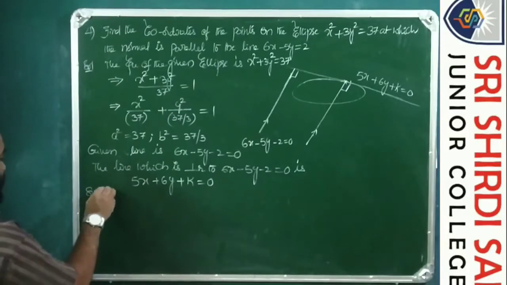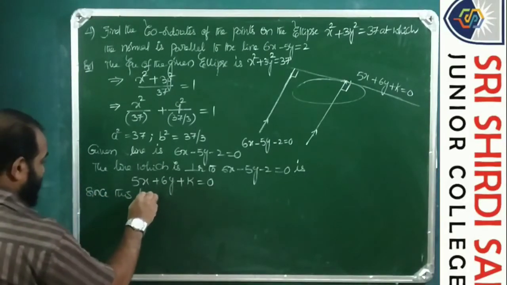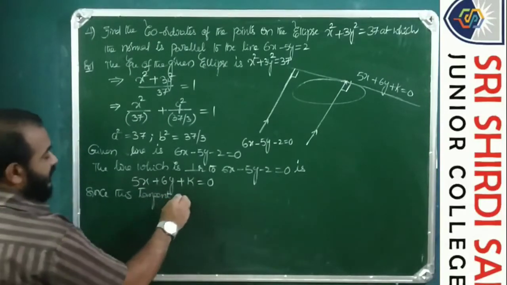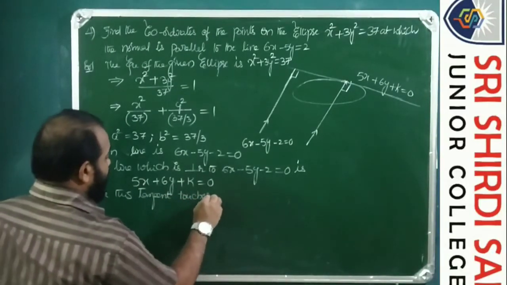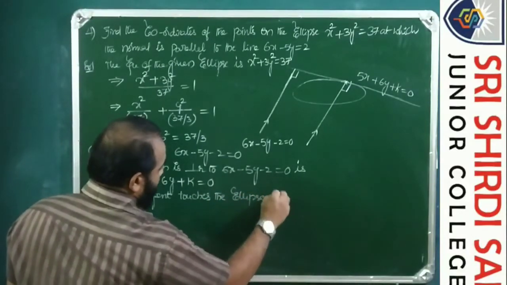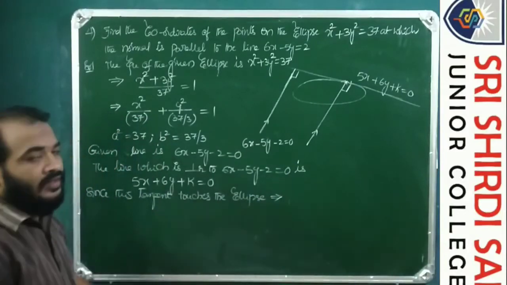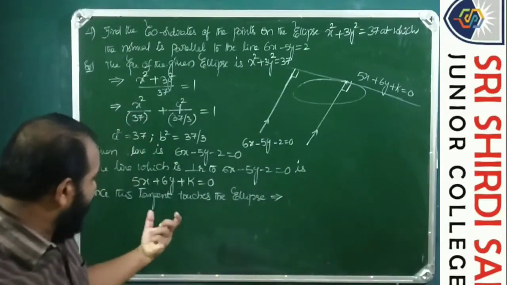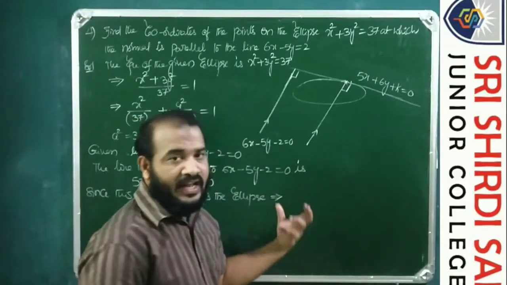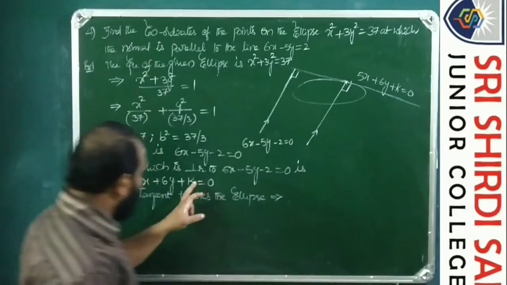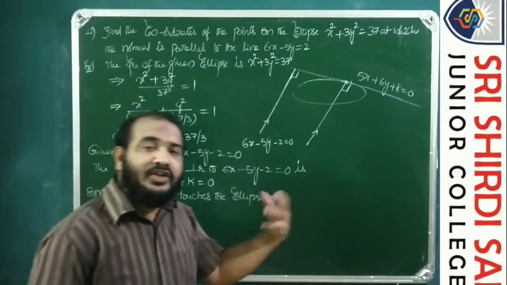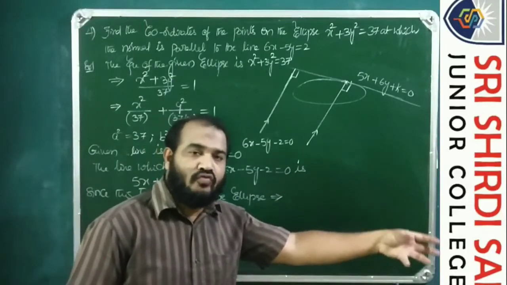Since this tangent touches the ellipse, what is the condition for the line? If we convert this line into y equals to mx plus c, then the condition used is c square equals to a square m square plus b square.